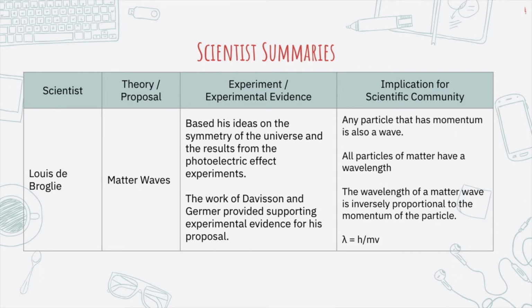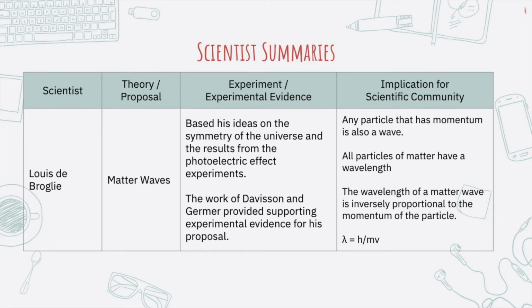So de Broglie took this understanding and applied the inverse of this, that matter also behaved as waves. The experimental evidence, which later supported Louis de Broglie, was the work of Davisson and Germer. So it's important to mention that so that if a question is asked about de Broglie and maybe the experimental evidence that supported his theories, you at least know the work that supported the scientist's proposal.